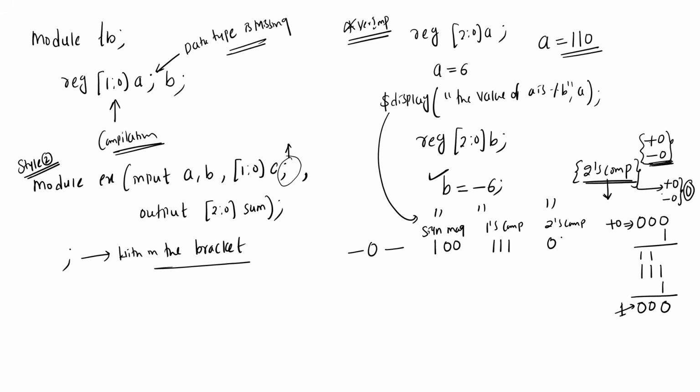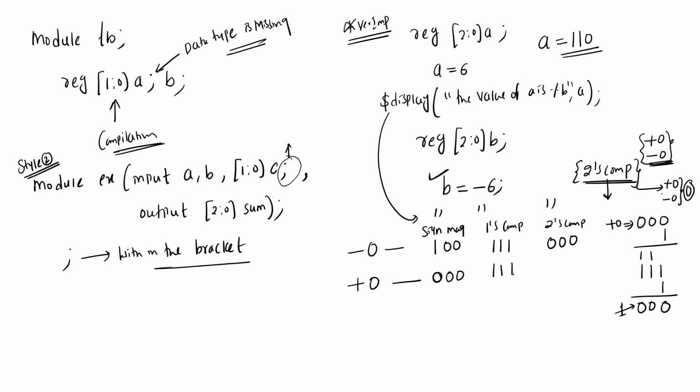So minus 0 is 0 0 0 only. Now plus 0 in sign magnitude: this is the value and this is the sign bit, the MSB. MSB 1 means negative, 0 means positive. What is one's complement?